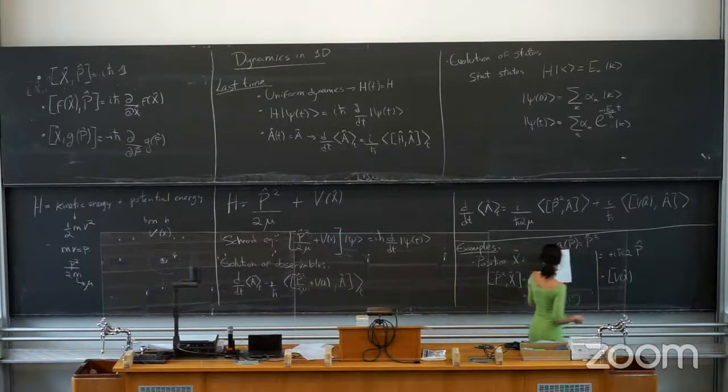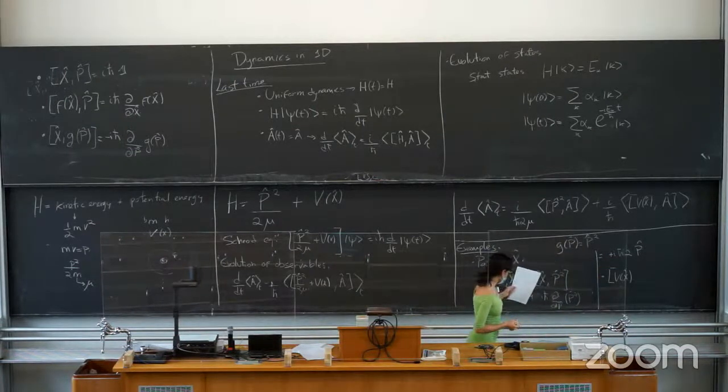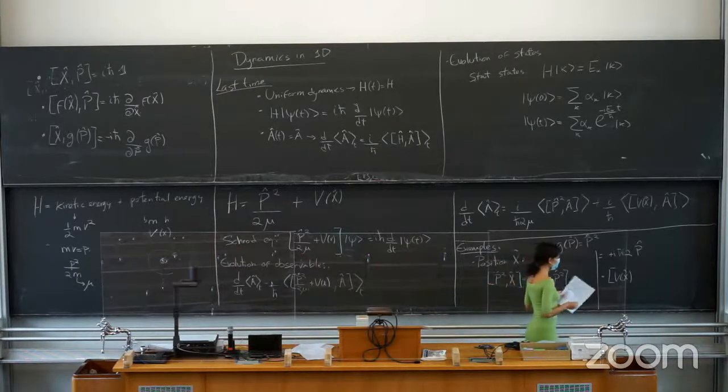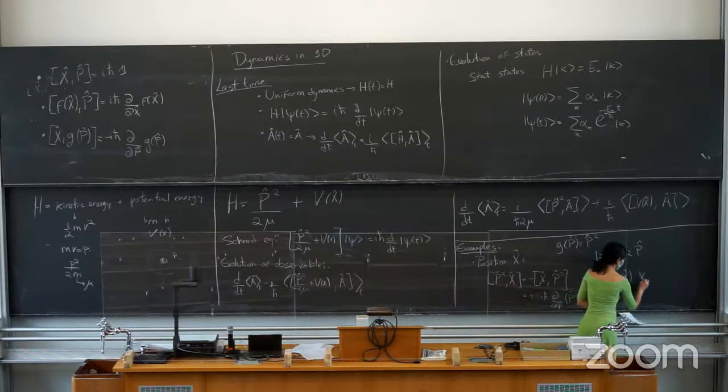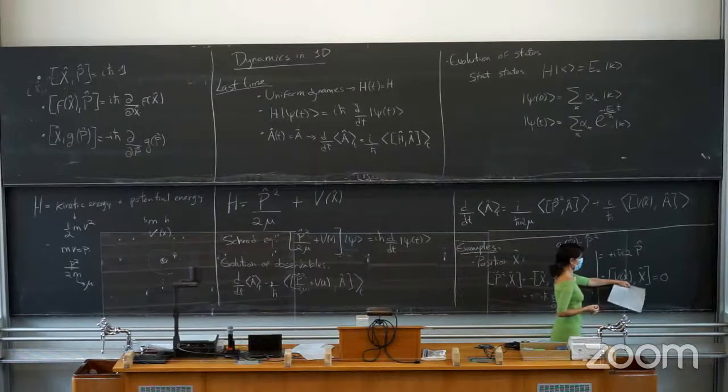And I think I missed a minus sign somewhere. I'll check later. Let's see if it works out. The other commutator, thankfully, is 0, because this is just a function of x, meaning we can express it in a Taylor series of powers of x, and all the x's commute. So this is always going to be 0.